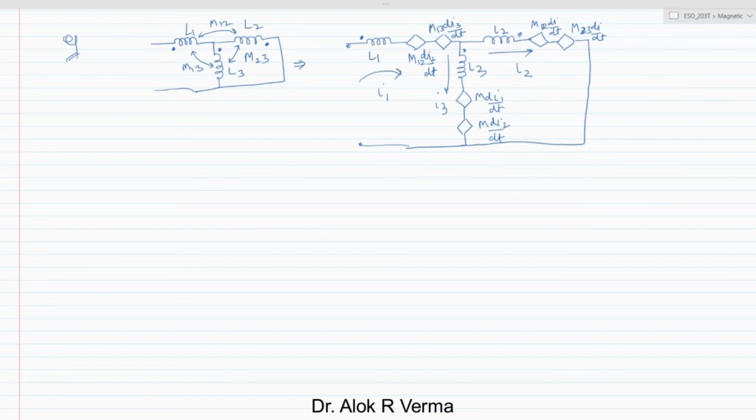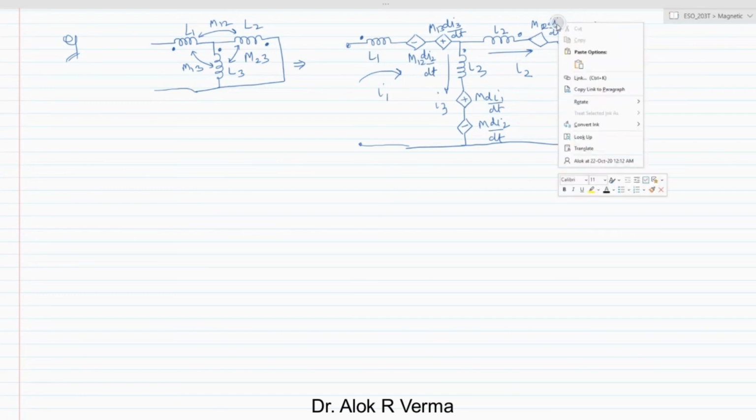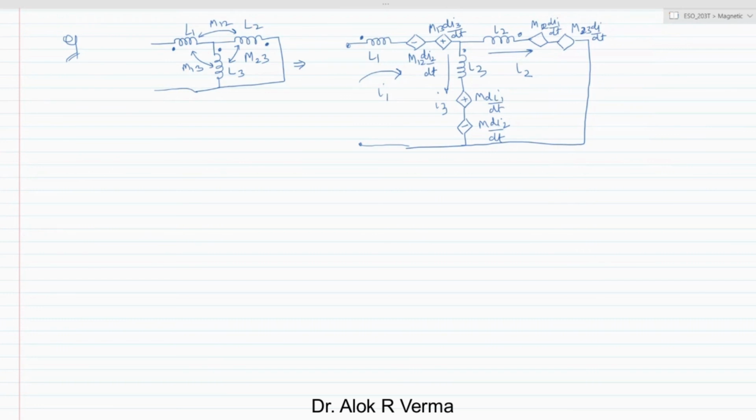So I2 will be negative and this will be positive. You can write the equation and see. Similarly, this term, if you see, the current I1 is entering the dot position, here also it is entering, so this is positive. This current is entering and this current is leaving, so here it is negative. Here if you see the current which is entering in I1, sorry, this is I3 then.